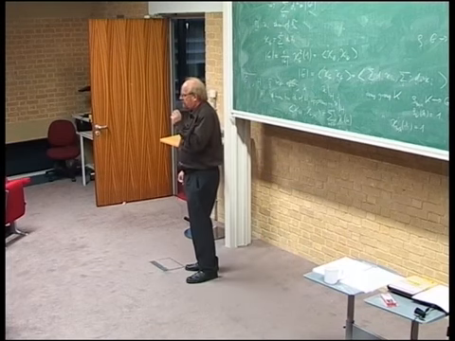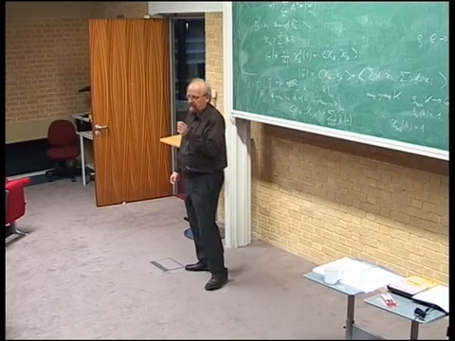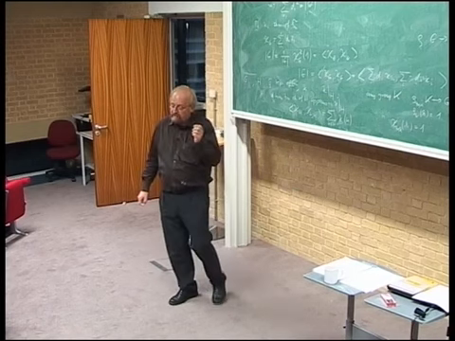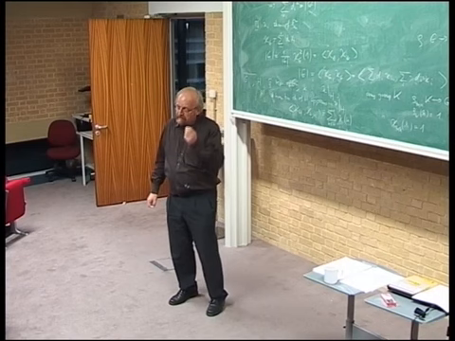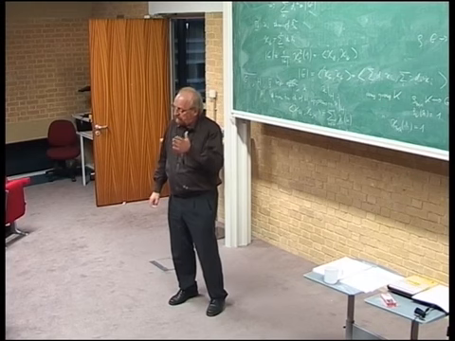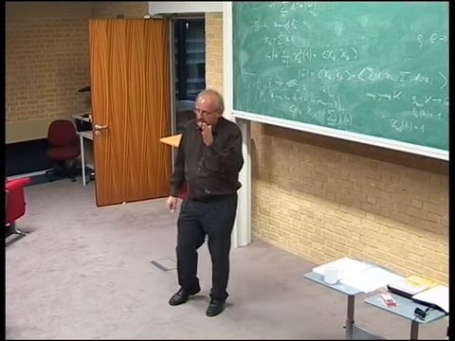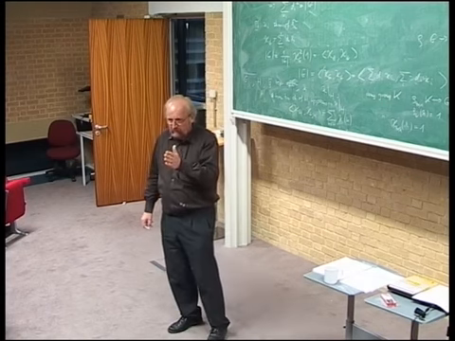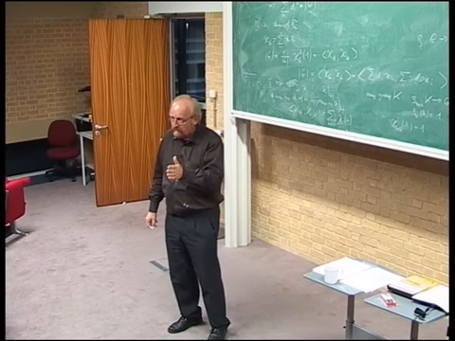The number of times the trivial representation occurs in chi restricted to H means the dimension of the fixed point subspace of H. Because for each dimension, I get one trivial representation.